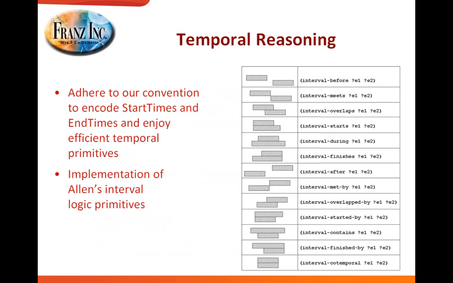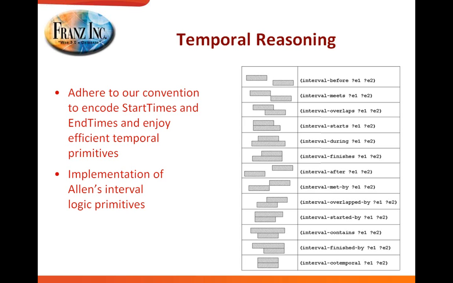And then finally, if you describe events in your database, there's always a start time and an end time. We use James Allen's temporal logic reasoning, where you can look at intervals in every possible way.